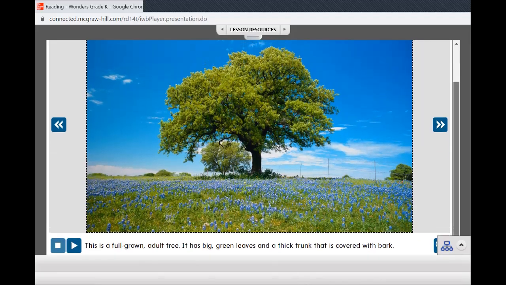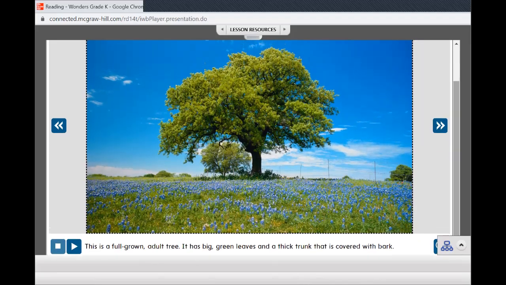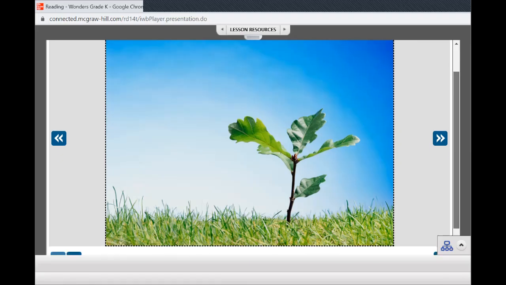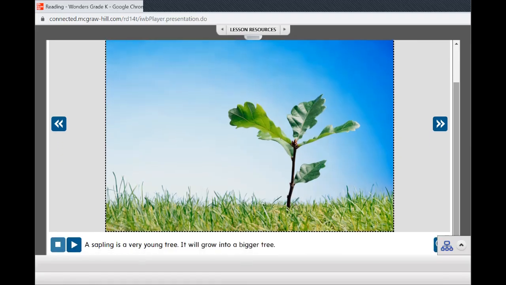So this is a full-grown adult tree. It has big green leaves and a thick trunk that's covered with bark. And right here is a sapling. It's a very young tree, and it will keep growing into a bigger tree.